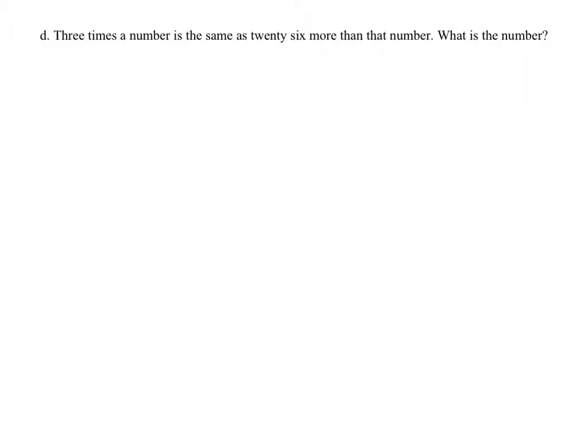3 times a number is the same as 26 more than that number. What is the number? I love these because they're pretty straightforward. So let's let x equal the number. So 3 times the number is 3x.